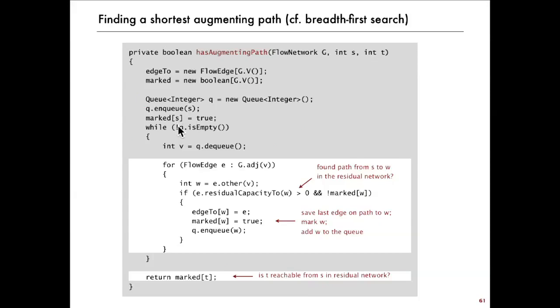While the queue's not empty, we'll take a vertex off. And so we'll go through everybody that's connected to that vertex. It's a flow edge. And then you check the residual capacity. If it's bigger than 0, that means you have a way to get to W, and if it's not marked, you haven't been there yet, then you go ahead and go there and mark it. It's essentially breadth-first search.